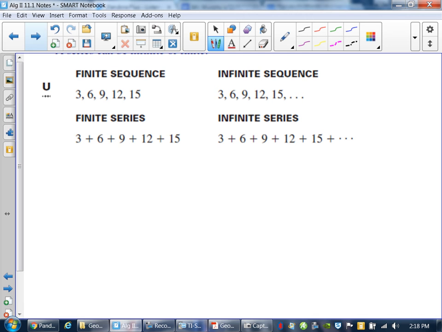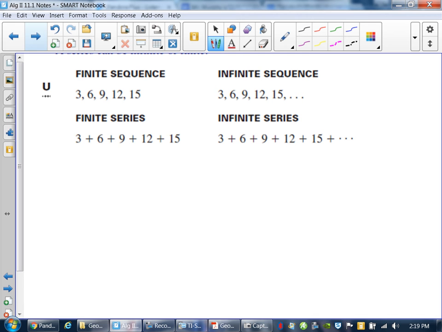So the difference between a sequence and a series is pretty simple. There's a plus sign. Series is what we call a summation. Series take all the values in a sequence and add them up.